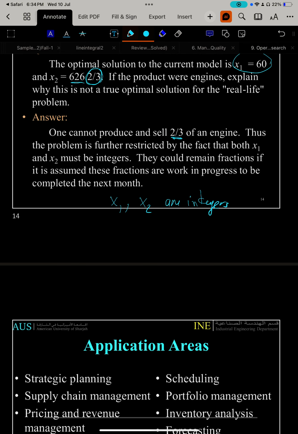That's also a consideration. So we can take the 2 over 3, assume it's work in progress, and it will be made later on, or the next month.